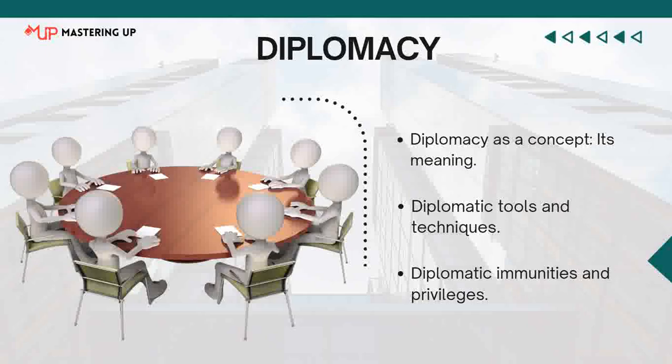And there are various immunities and exemptions that diplomats get, which also form a part of interaction between states. Diplomacy is a core concept of international relations because it helps to ensure a continuous interaction among states. And through diplomats, countries can interact and share their foreign policy ideas among one another.